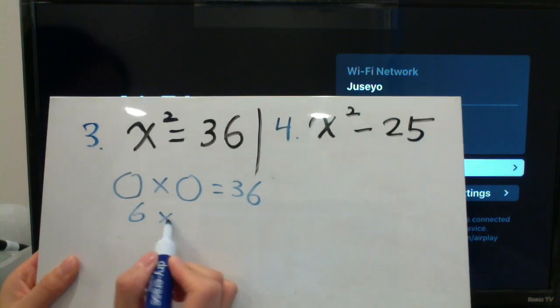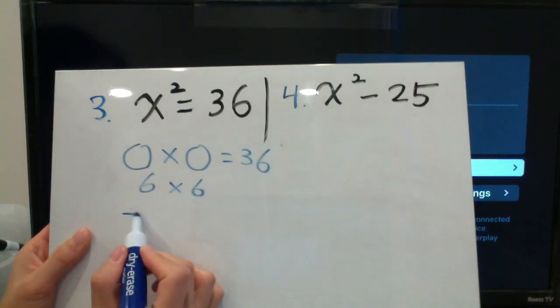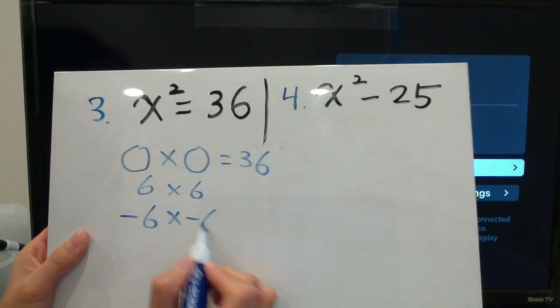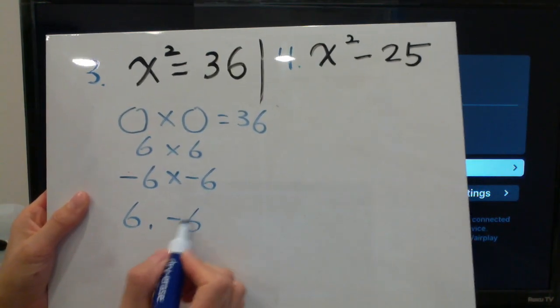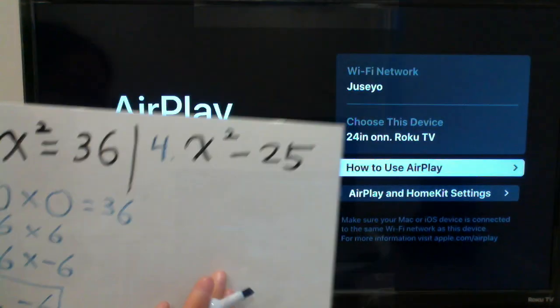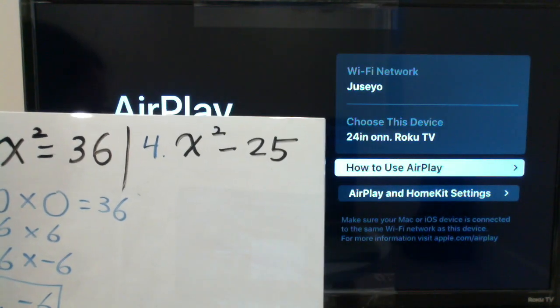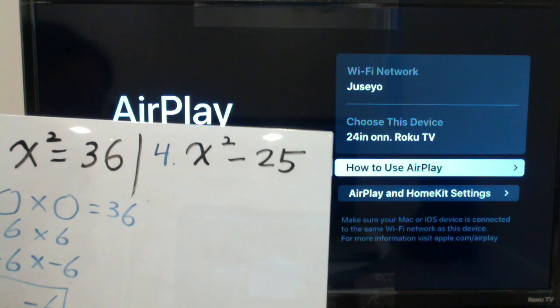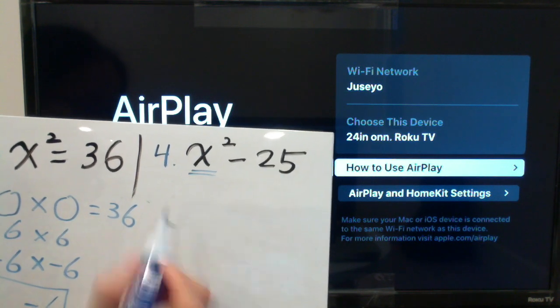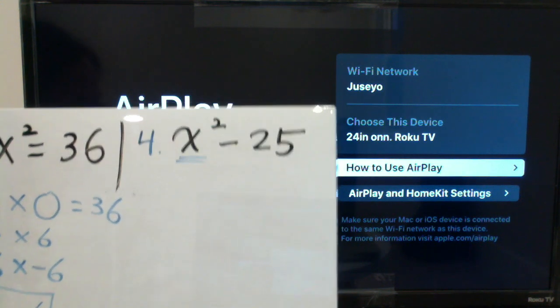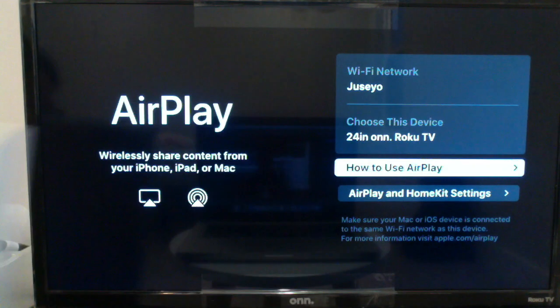So 6 times 6 is 36, or you have to do negative 6, negative 6. So the answer is 6 and negative 6, right? So this is the same thing, x squared negative 25. But you can choose whatever you think is easy for you.